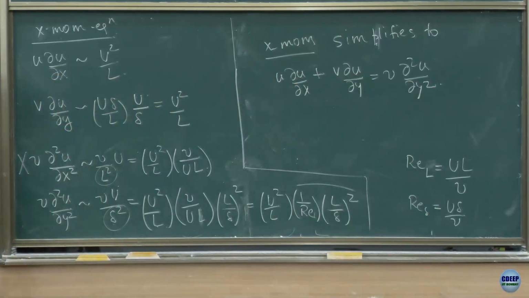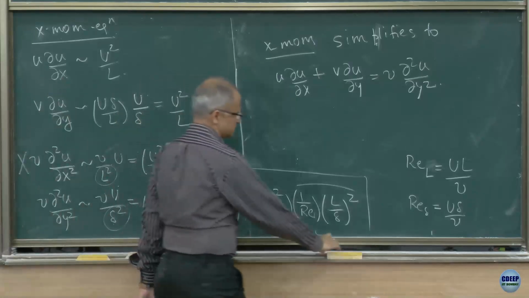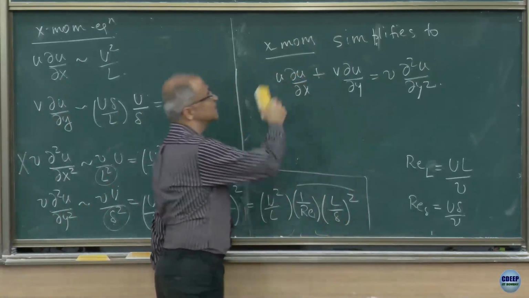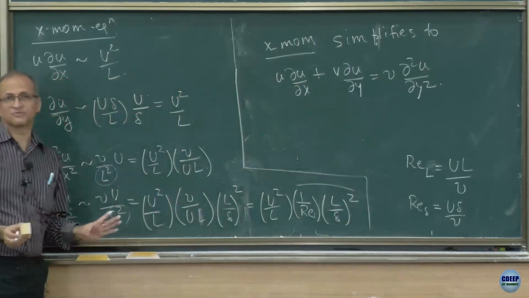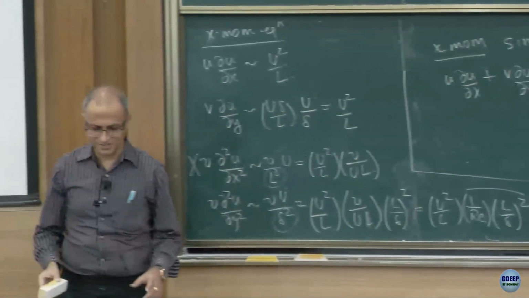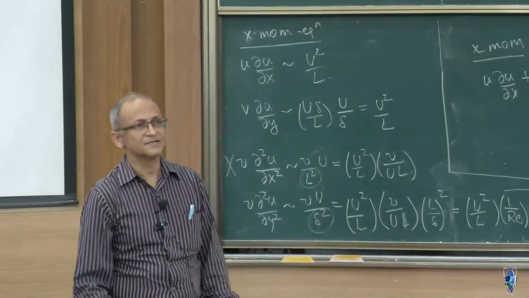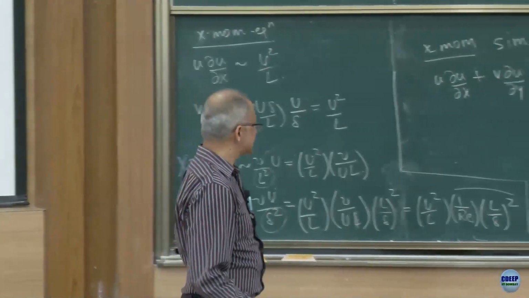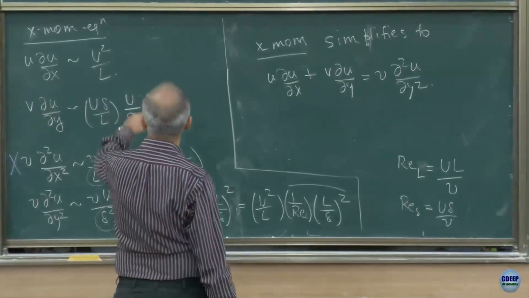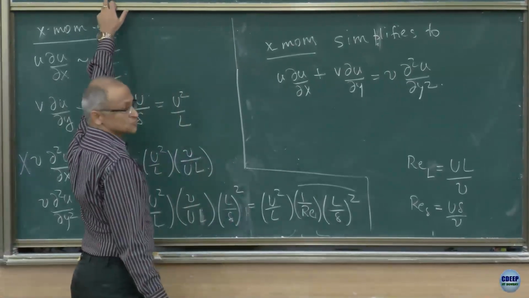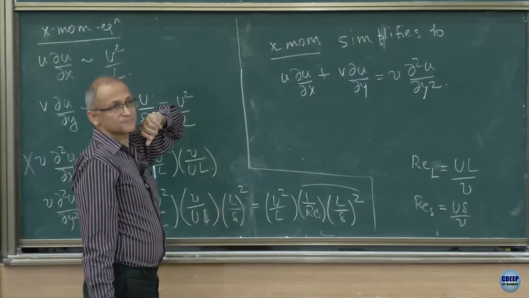Okay. So what is the complete set of equations that I need to solve for a boundary layer? First of all, is everybody clear with this? Let me pause and see if there are questions. Yes. So we have already said that we are not imposing any pressure gradient.